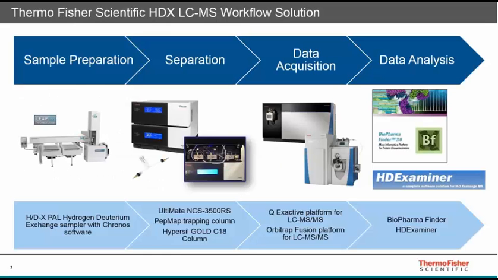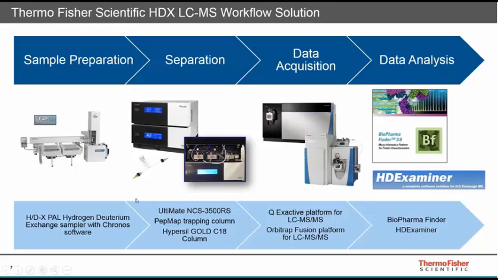Here, this overview shows the same workflow as we've seen just on slide number 4, with a bit more specific details relating to the individual modules involved in this setup. Here on the left, we have the HDX autosampler that's controlled by a software called Chronos. It's also provided by Leap, and the software also controls the LC and MS. It's a fully integrated software solution.